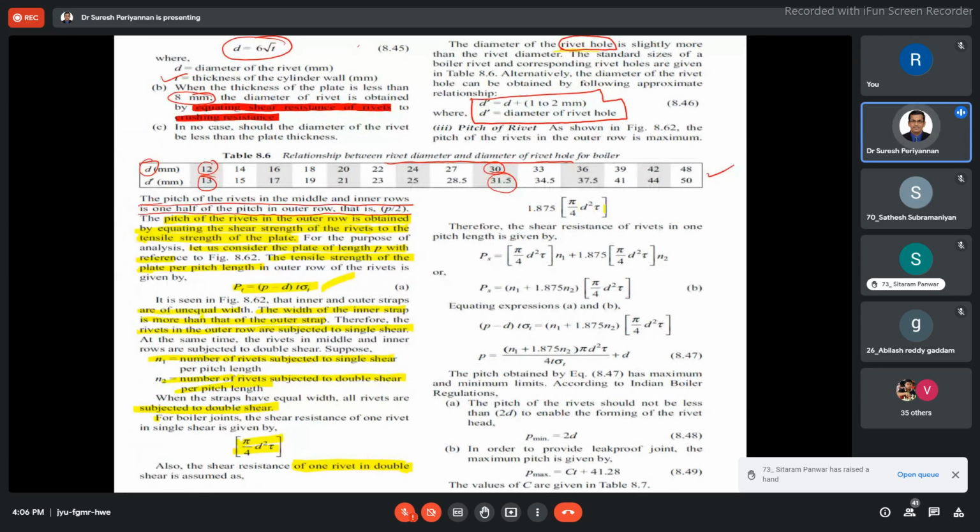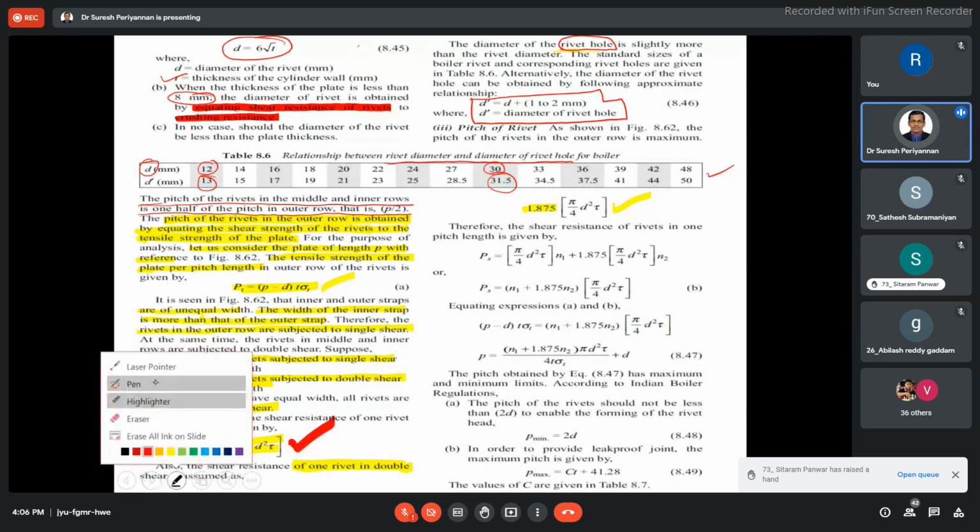But as per the standard norms, instead of 2, I'm putting 1.875. That's all. This is for single shear, and this is for double shear.